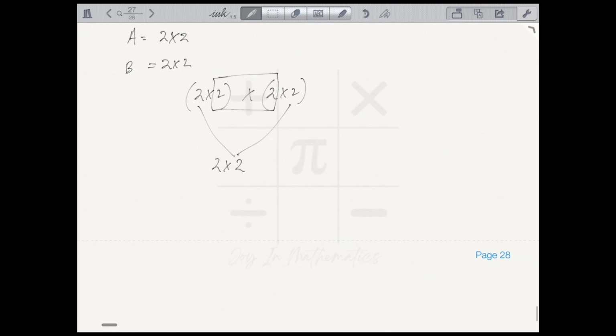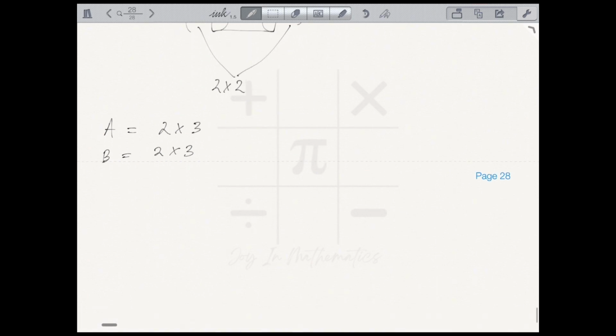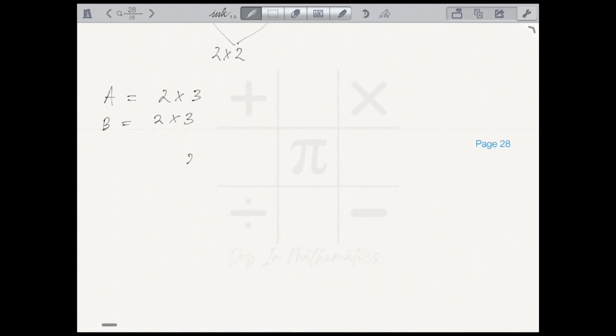All right, now let's take again. If we have A to be a 2 by 3 matrix and B to be a 2 by 3 matrix, therefore we have a 2 by 3 multiplied by a 2 by 3. It's not possible. So let's say this is now a 3 by 3 matrix. So yes, now it is possible, right? So now the result will be what?